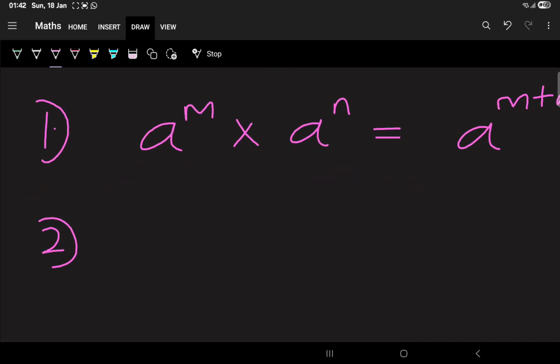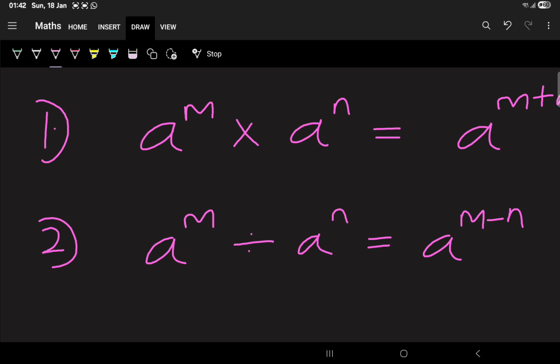Secondly, the law of division. If you have a, which is the base, and m, the index, divided by a, also the base, and n, the index, this is equivalent to a raised to the power of m minus n. Now, please note for law 1 and law 2, the bases are the same. That is the condition: the bases have to be the same.